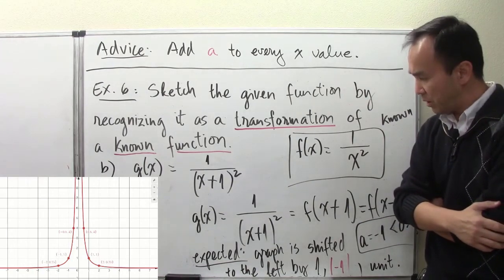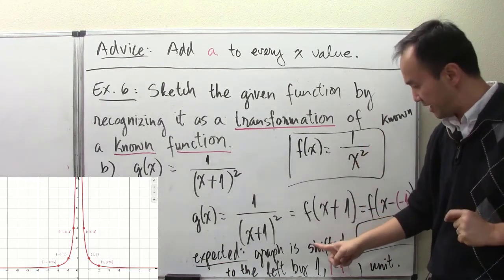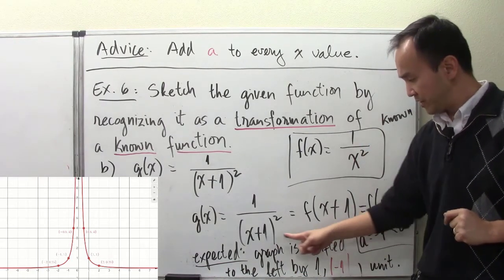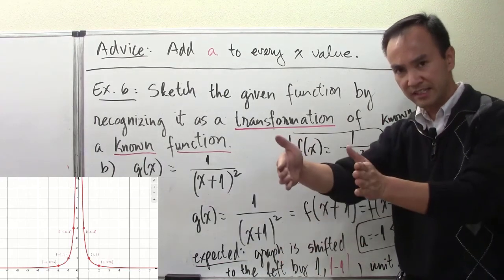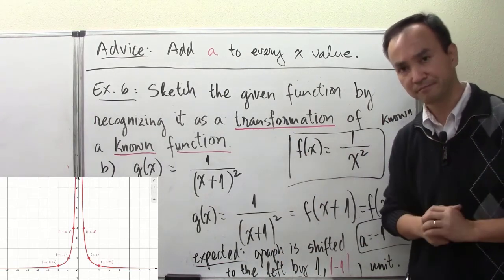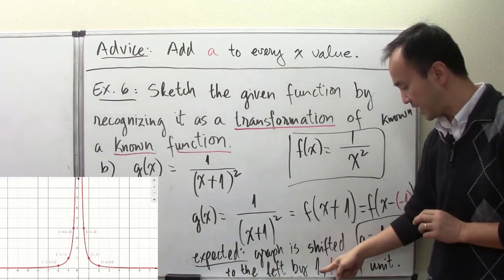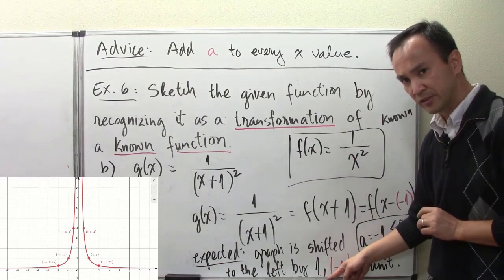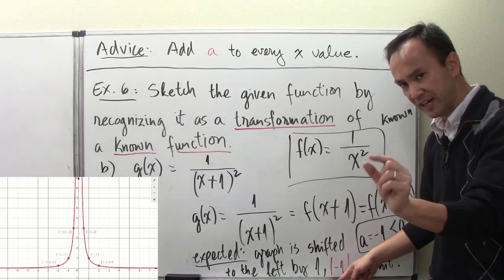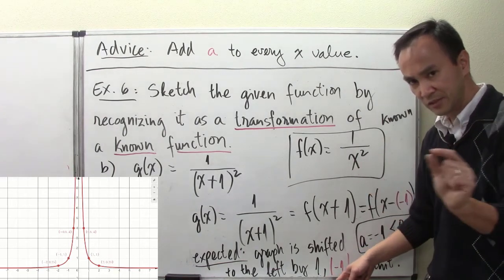But now we want to take that graph, and this time the expectation is that the graph is shifted to the left. So that same graph, we're going to bring to the left by how far? 1 square unit.